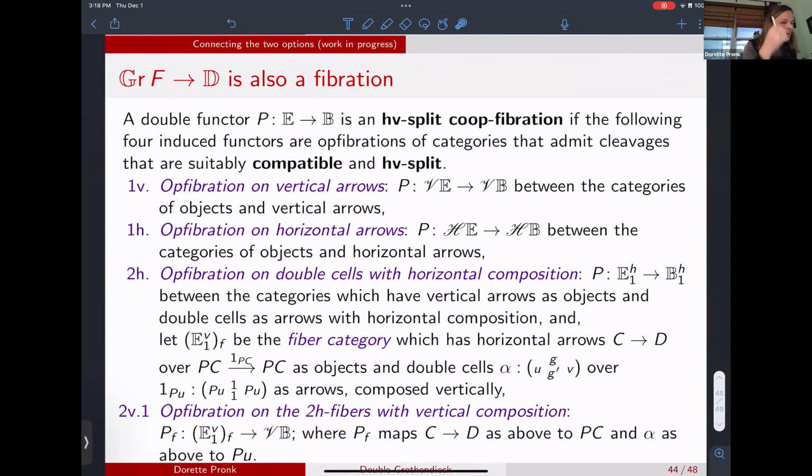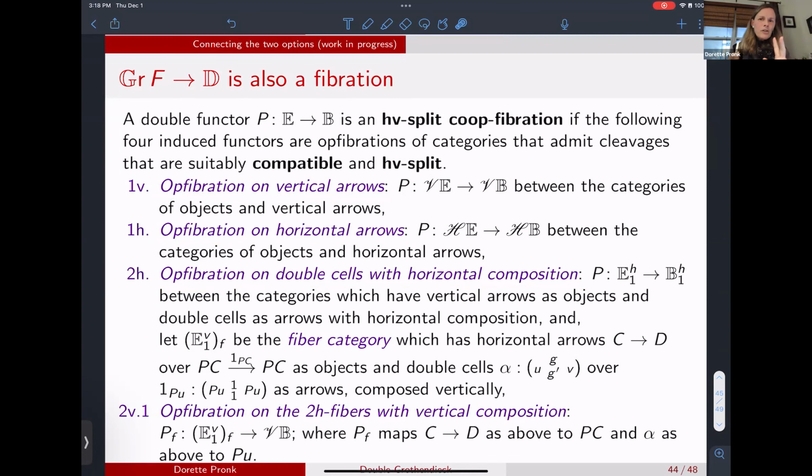But basically what it comes down to is we get a functor between double categories, the Grothendieck construction of F to D, which is an op fibration on the vertical arrows, an op fibration on the horizontal arrows, and an op fibration on double cells with horizontal composition. So we take vertical arrows as the objects, double cells as the horizontal arrows, and then horizontal composition. That gives us also an op fibration.